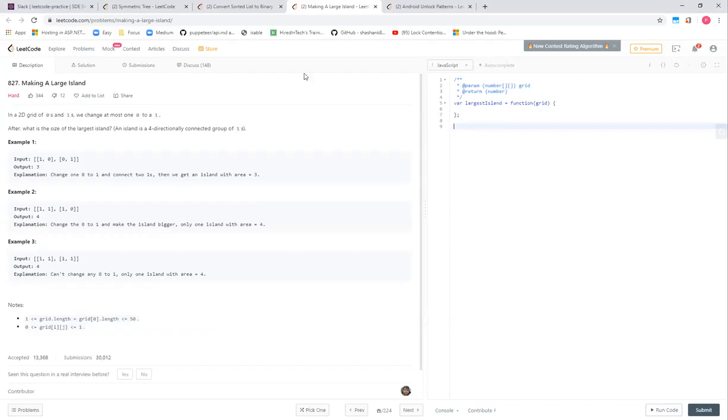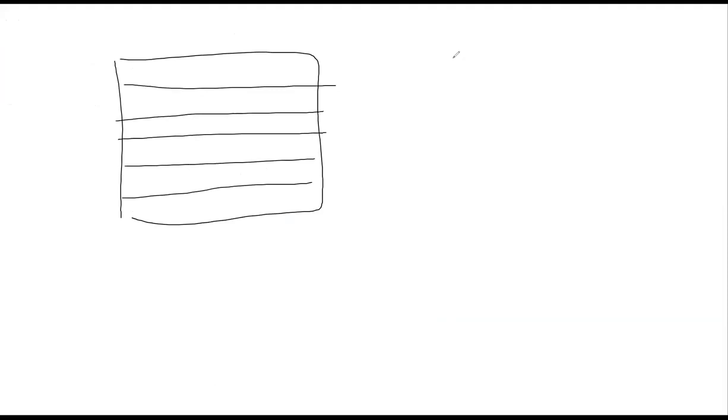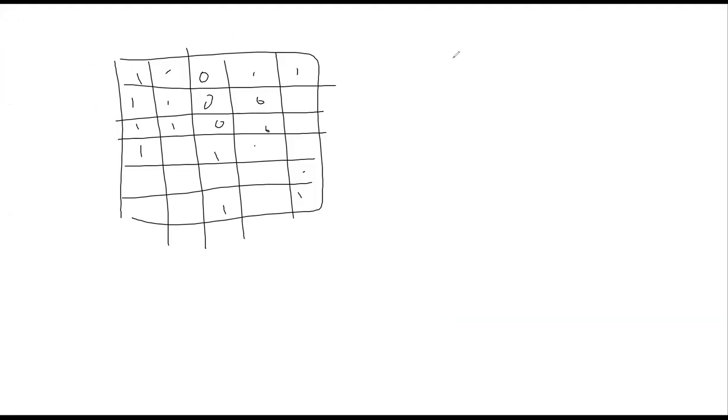Okay, so let me share my screen. Let's say we have this 2D matrix, with some ones here, then zeros.